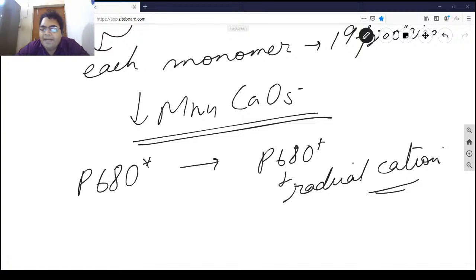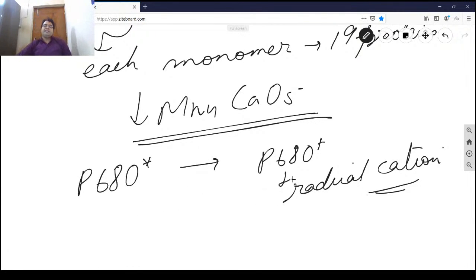And then the pheophytin which has accepted the electron rapidly passes the extra electron to the protein bound plastoquinone PQA, which in turn passes this electron to another loosely bound plastoquinone PQB. Two times the same process will happen.